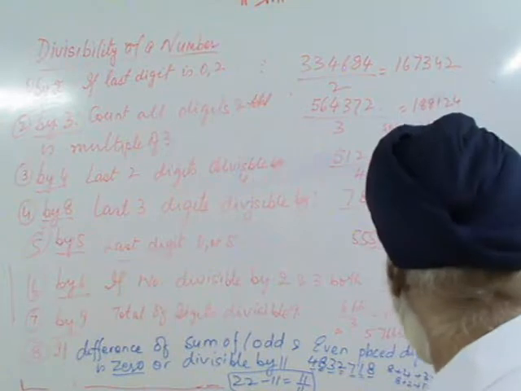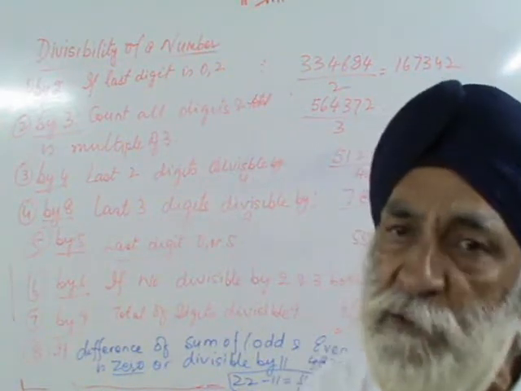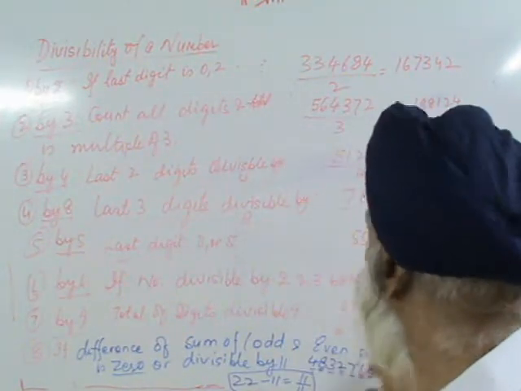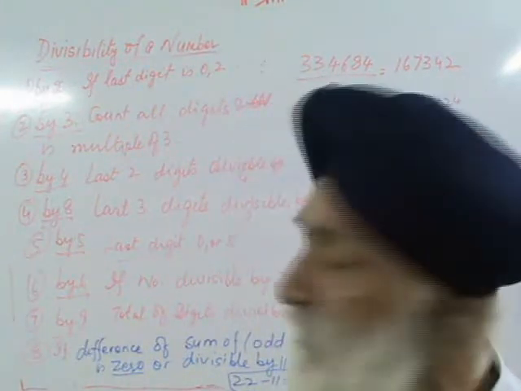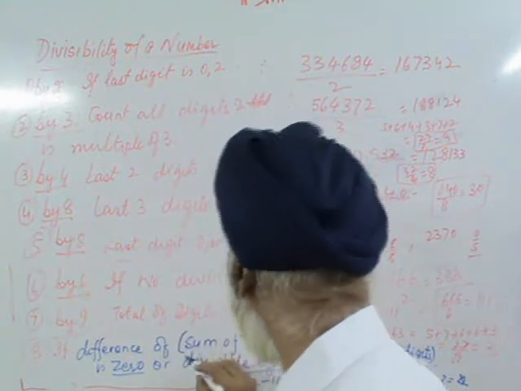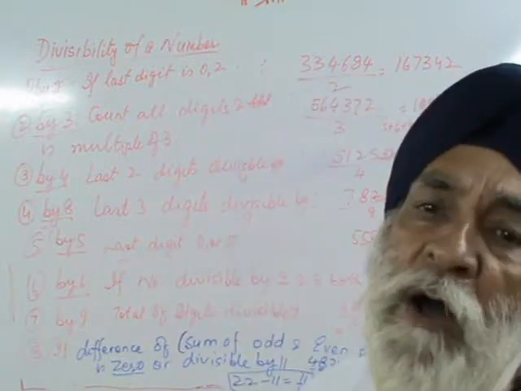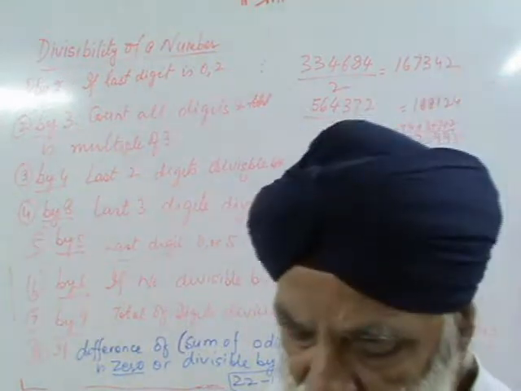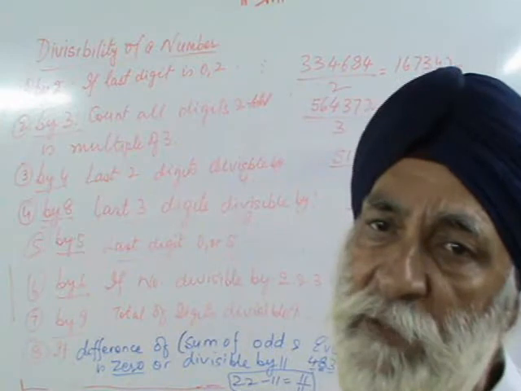That total comes as 11, and if we subtract 11 from 22, the sum of odd and even placed digits are to be subtracted. So I can write like this: difference of sum of odd and even placed digits, either 0 or 11. Since it is 11, which is one multiple of 11, that's why it is divisible by 11.